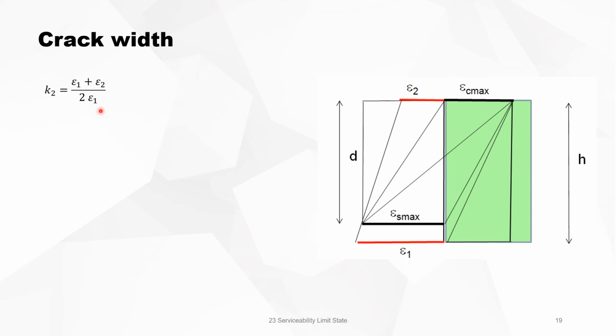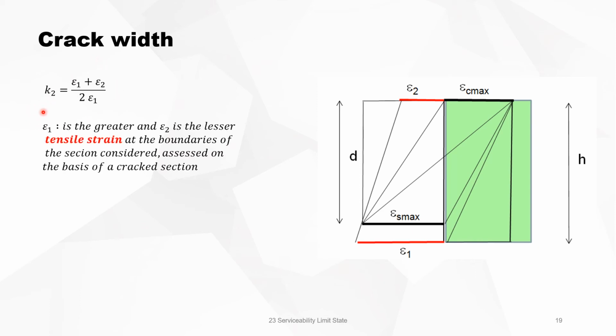A little explanation about the factor K2. It is epsilon 1 plus epsilon 2 divided by 2 times epsilon 1, and epsilon 1 is the greater and epsilon 2 is the lesser tensile strain in the boundaries of the section considered, assessed on the basis of a cracked section. So it is this value and this value. If the concrete is in compression, epsilon 2 is 0 because it's the tensile strain.